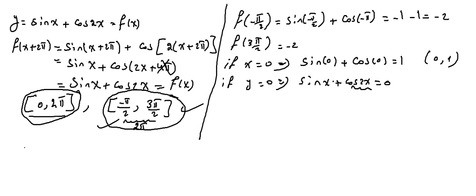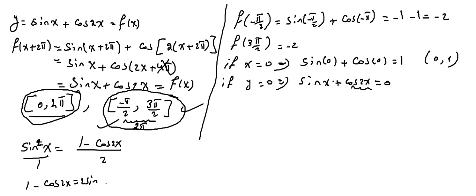We can say that sine square x is equal to 1 minus cosine 2x divided by 2. So 1 minus cosine 2x is equal to 2 sine square x, so cosine 2x is equal to 1 minus 2 sine square x.